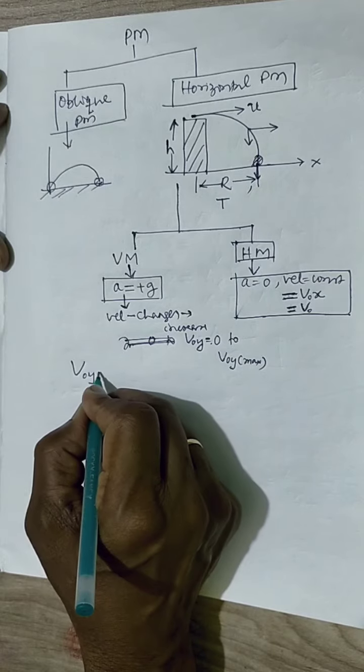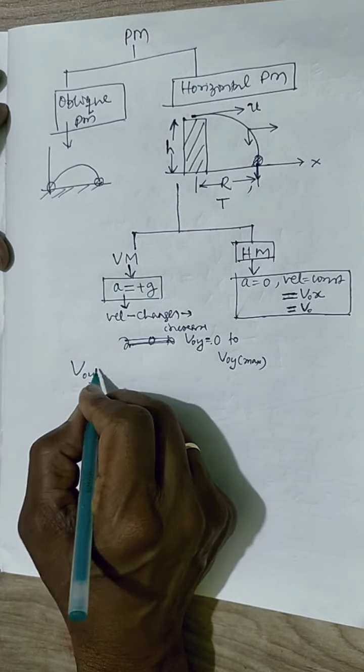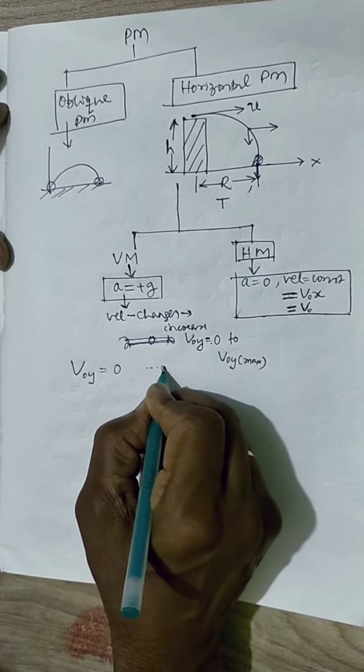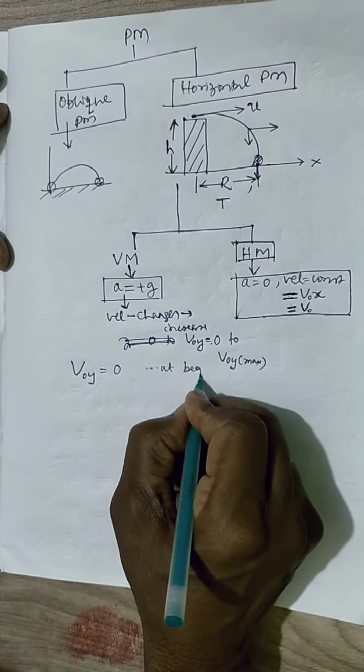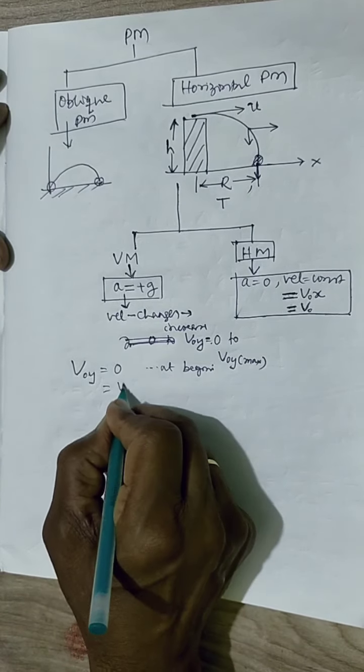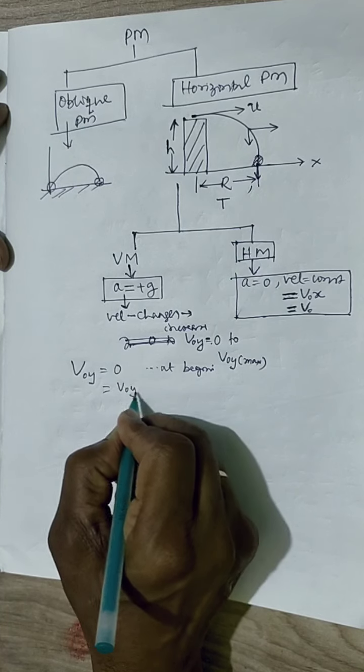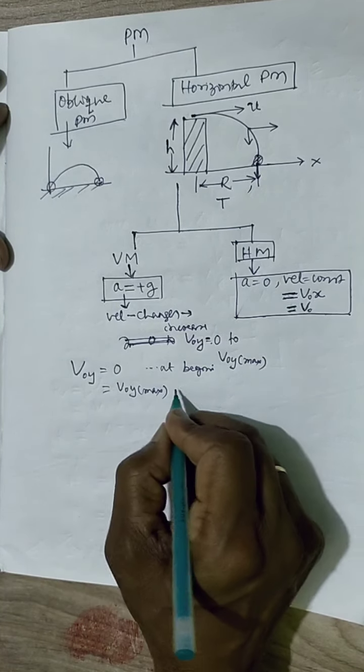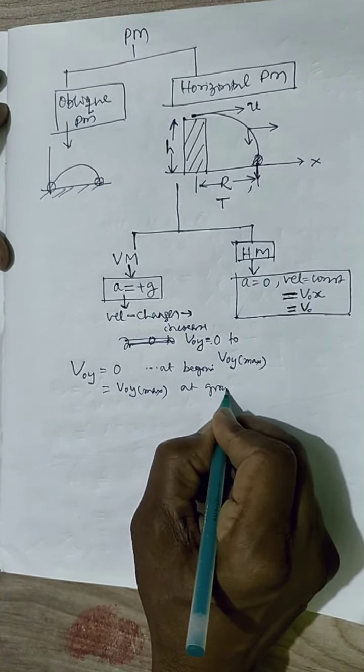This v0y is the velocity along its vertical component, and it is 0 at the beginning, and it becomes v0y maximum at the ground.